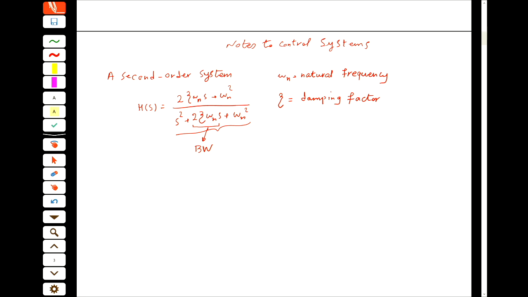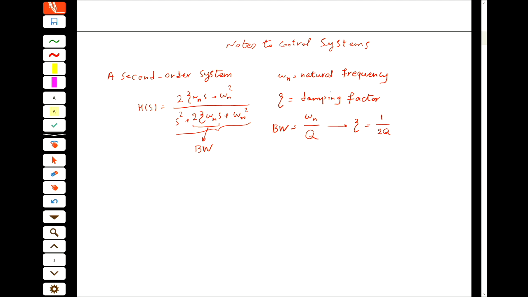We can define bandwidth equal to omega n divided by Q. This is what we had before, omega naught divided by Q. This is the definition of the bandwidth. And then here we can say that zeta equals 1 over 2Q.